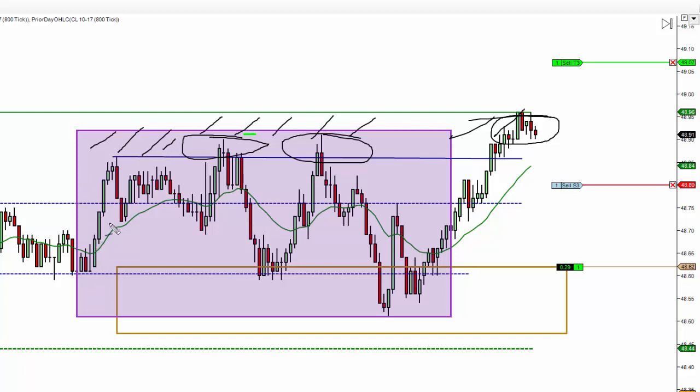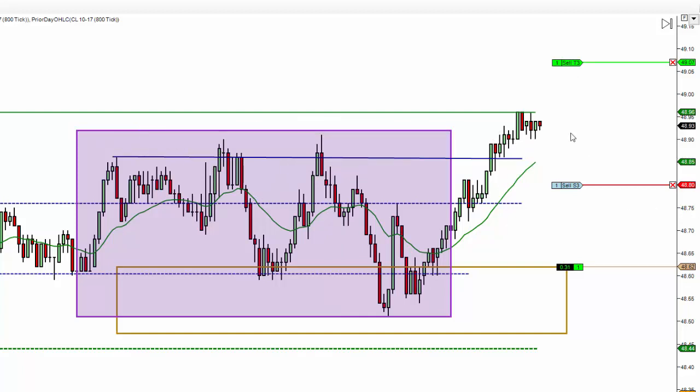But of course that was just before the DOE report. Here's the report at 10:30, and price drove down, rotated down, and now it's bouncing on its way back up. See if it hits our target at 49.07.